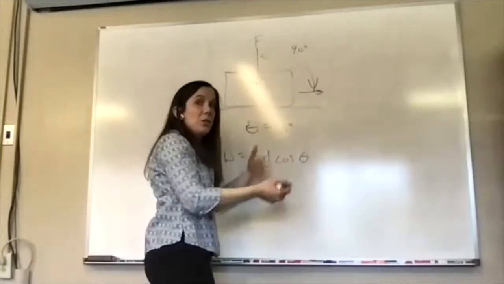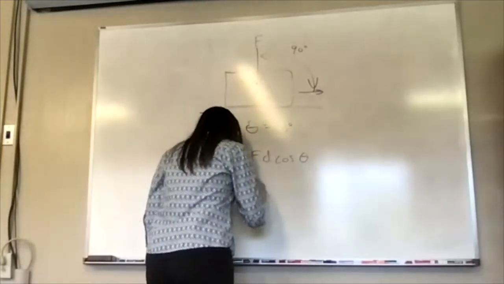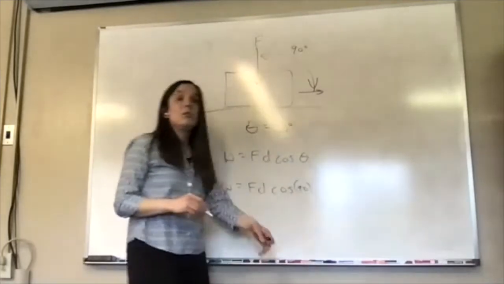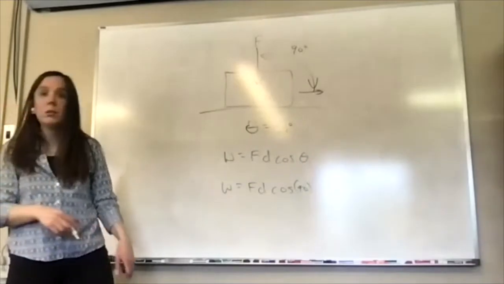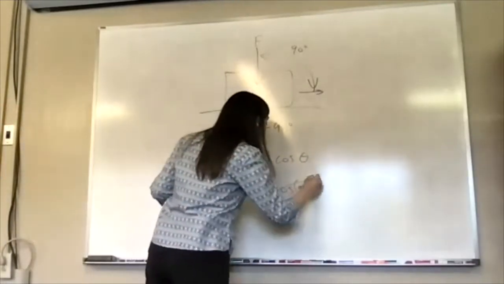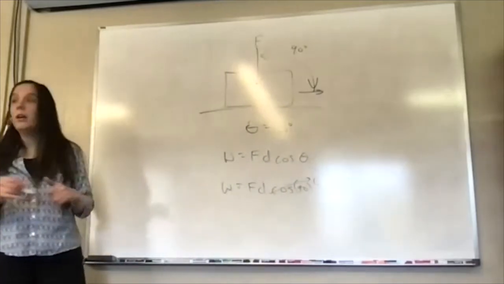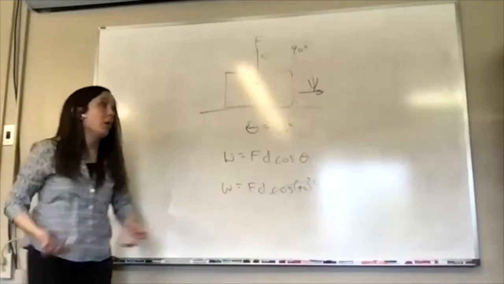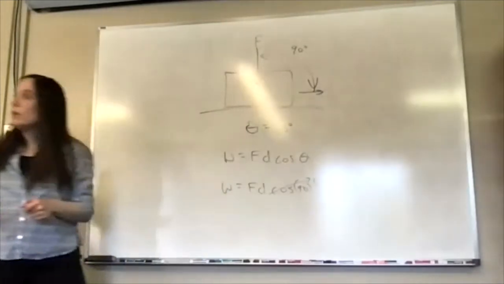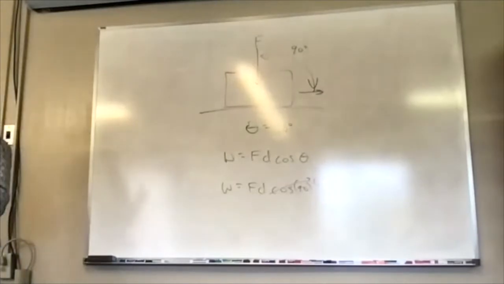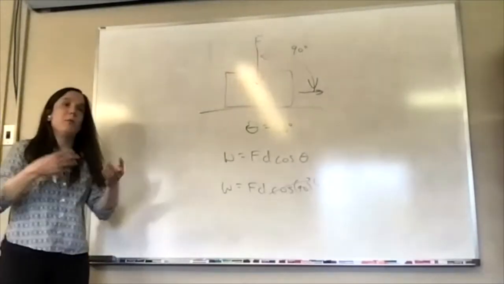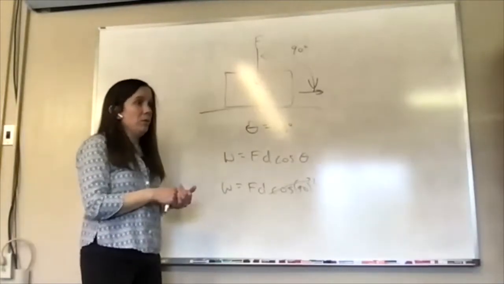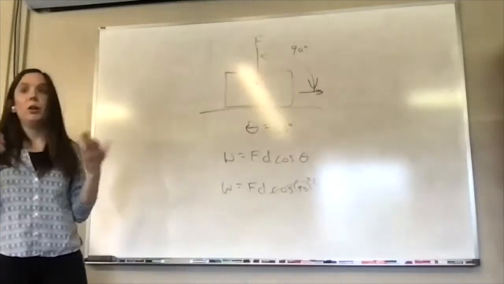Well, we're going to put in 90 degrees. What is cosine of 90? 0. Cosine 90 is 0. So work is 0. That mathematically tells you why work is 0 when you apply a force perpendicular to its motion. That's also why we say the sun does no work on the planets, because the sun pulls perpendicular to the planet's orbit. It applies a force on the planet that's perpendicular to the direction of its motion, and so the sun does no work on the planet.